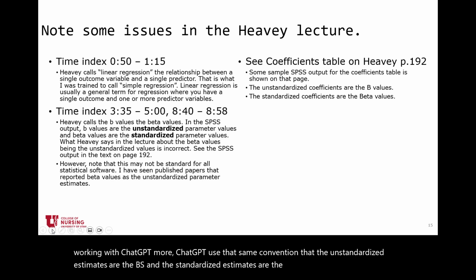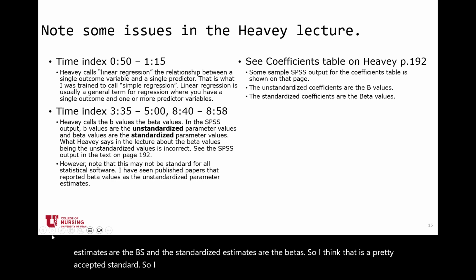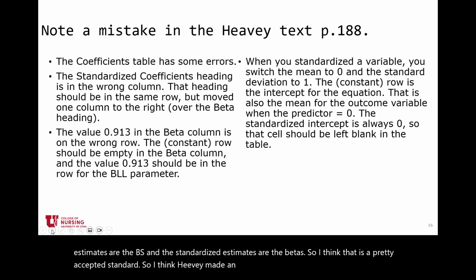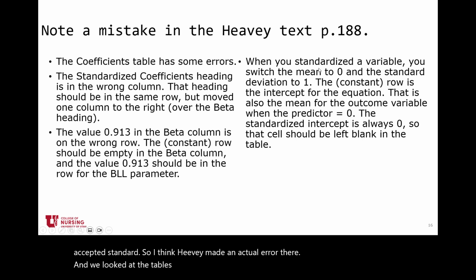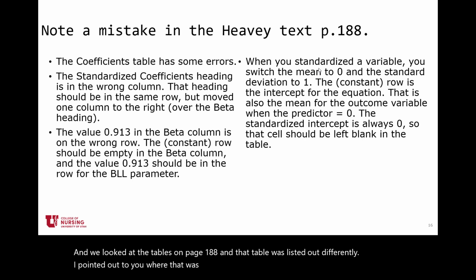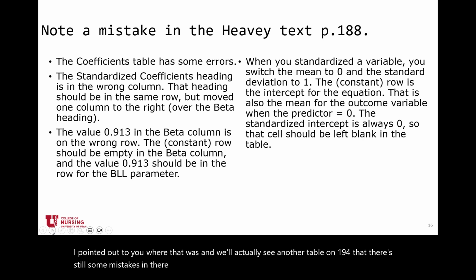So I think that is a pretty accepted standard, and I think Heavey made an actual error there. We looked at the tables on page 188, and that table was listed out differently. I pointed out to you where that was, and we'll actually see another table on 194 where there are still some mistakes about where things are labeled, and we'll compare our results with that.